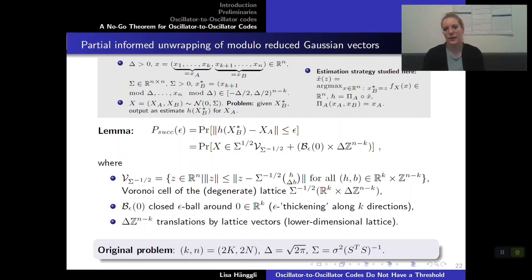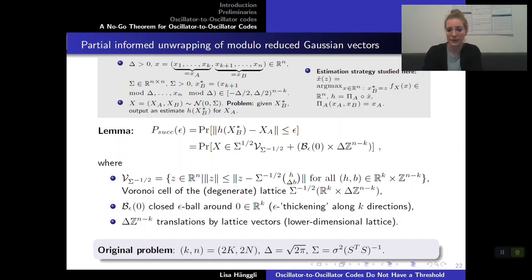And this lemma can actually be readily applied to our original problem, because the success probability of the classical problem equals the success probability of the original problem if we set the parameters k and n to 2k and 2n, delta to square root of 2 pi, and sigma to sigma squared S^T S to the minus 1.